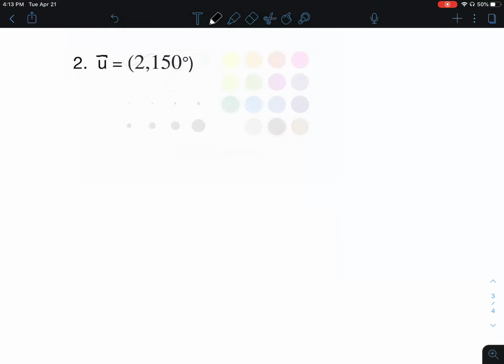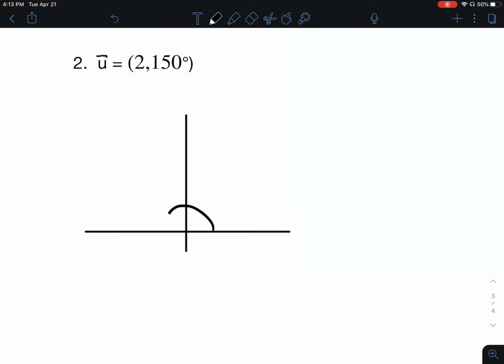Number 2. Vector u, 150 degrees, is going to fall into quadrant 2. In order for us to figure this out, we need to know what the reference angle is. It's 30 degrees left to get us from 150 to 180. Since we're told the magnitude is 2, that's the hypotenuse, the radius.